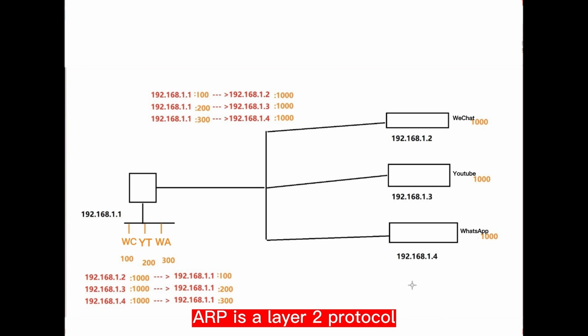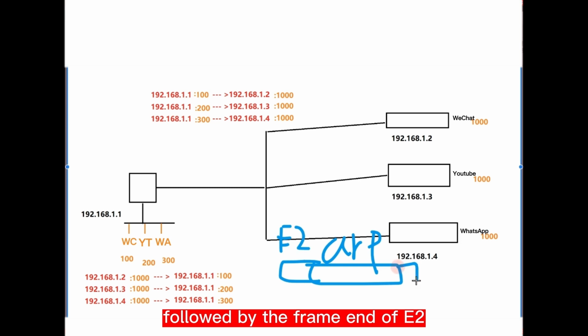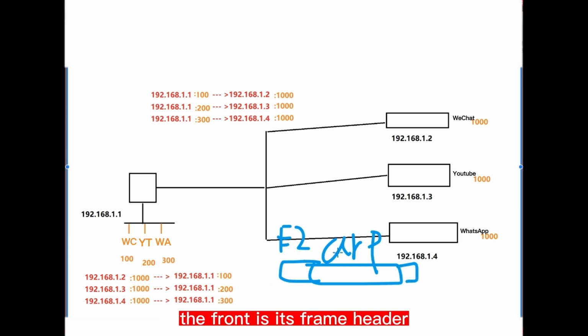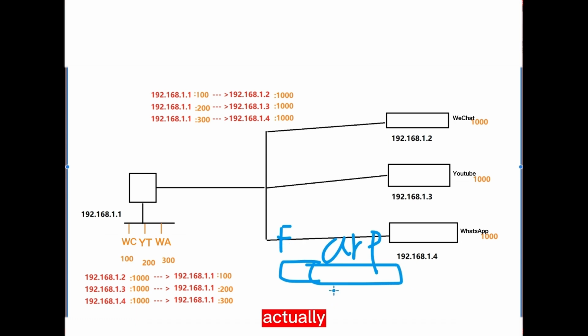ARP is a layer 2 protocol. Let me tell you about our verbal addressing habits. This is ARP. This is E2, followed by the frame end of E2. The front is its frame header. The upper layer of ARP has no content. Actually, the question you want is, the device now wants to send a data to the peer.